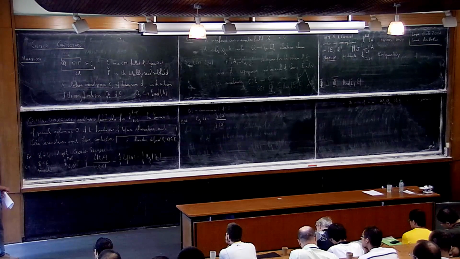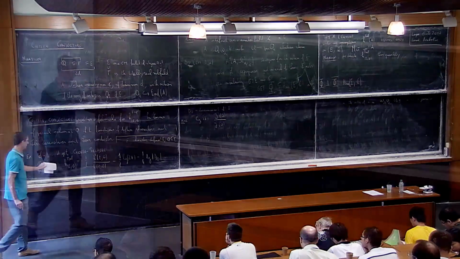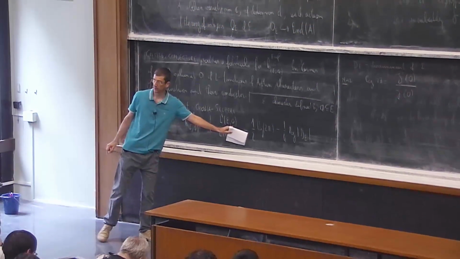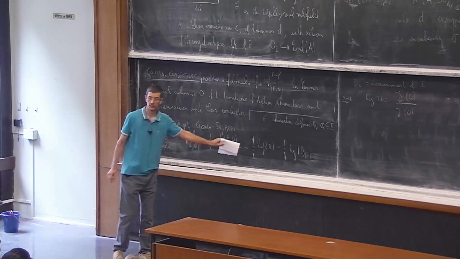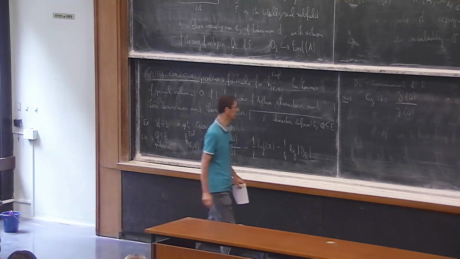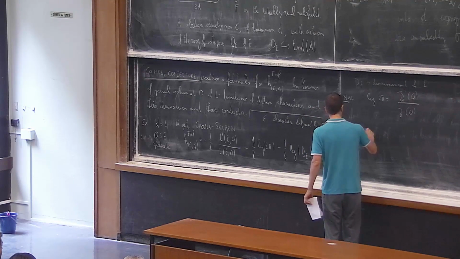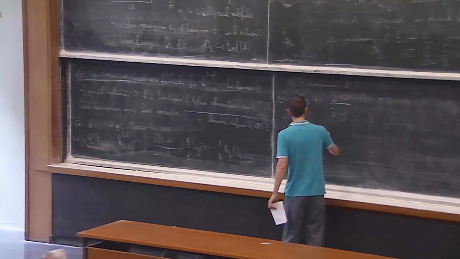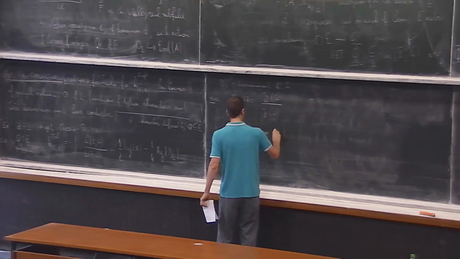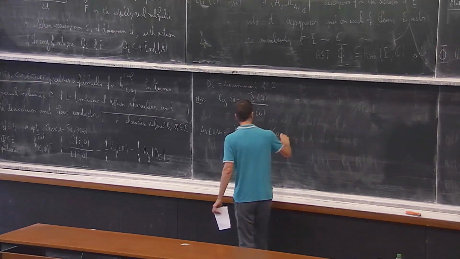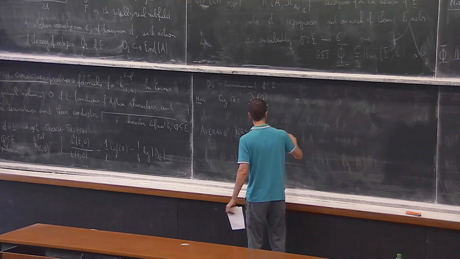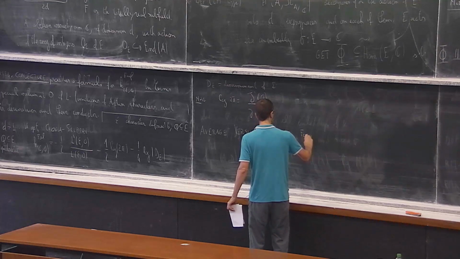So let me put also on the blackboard the average version, which you will see is very similar to the one we have. So the average version of the Colmez formula or conjecture.